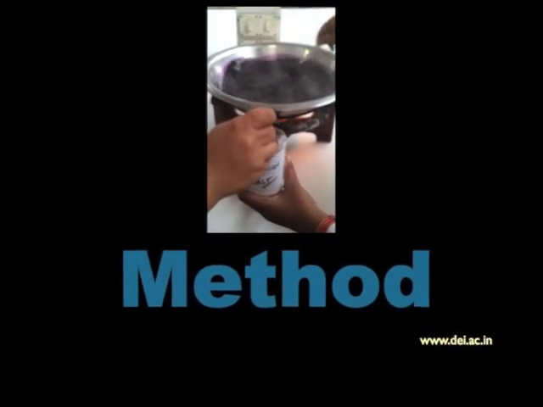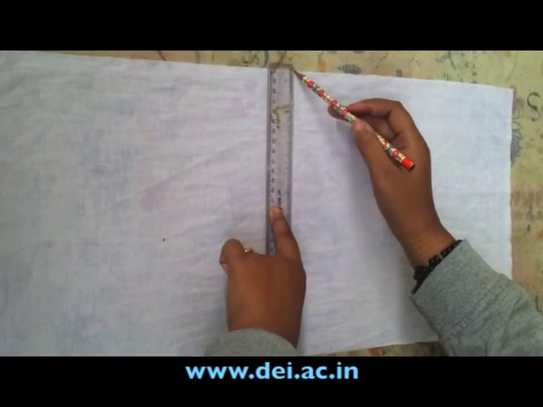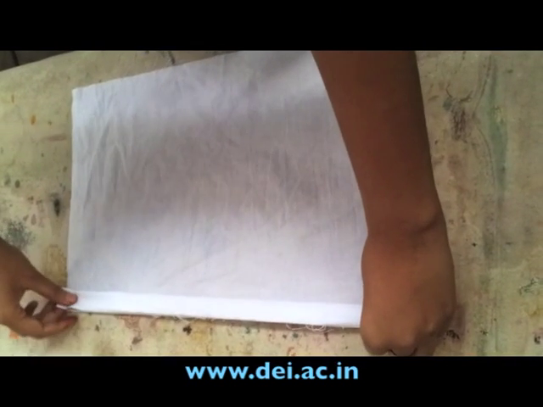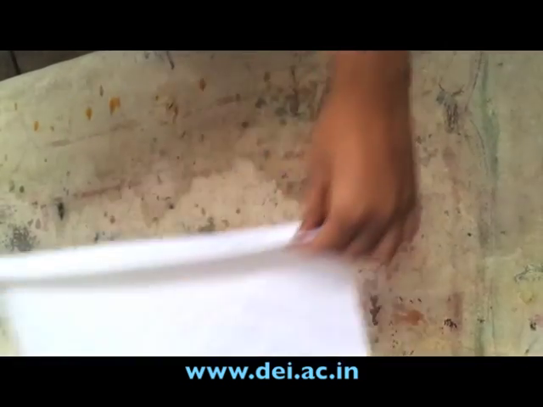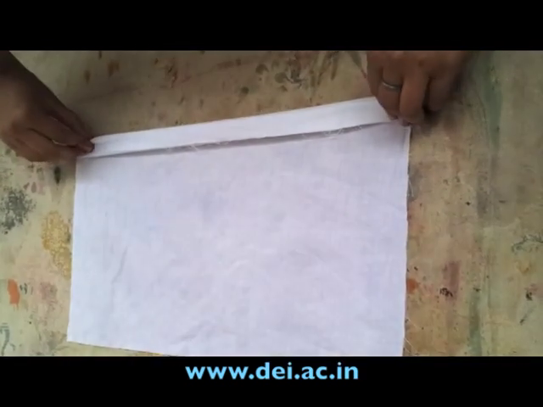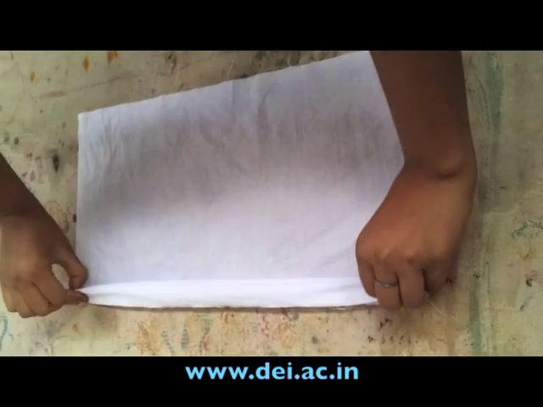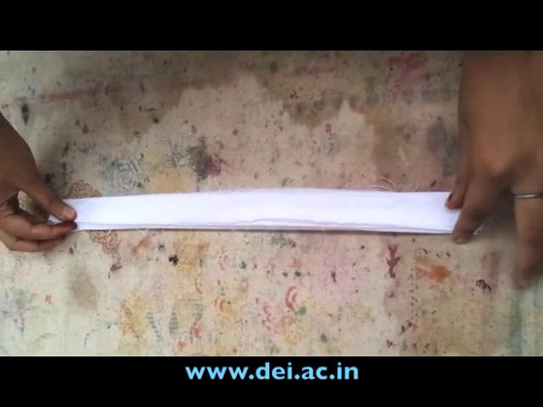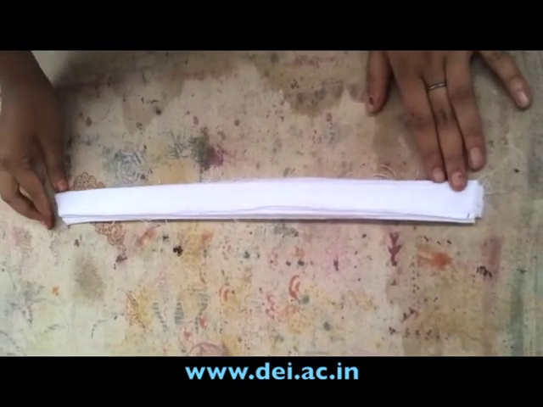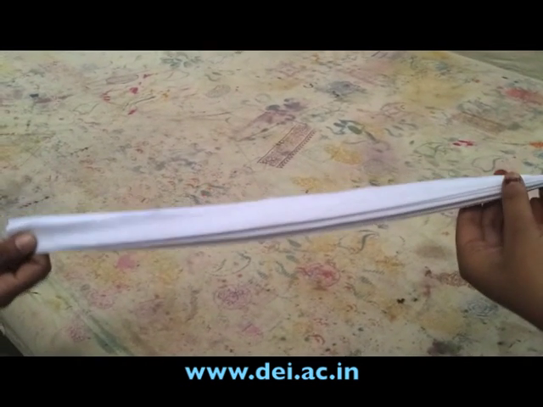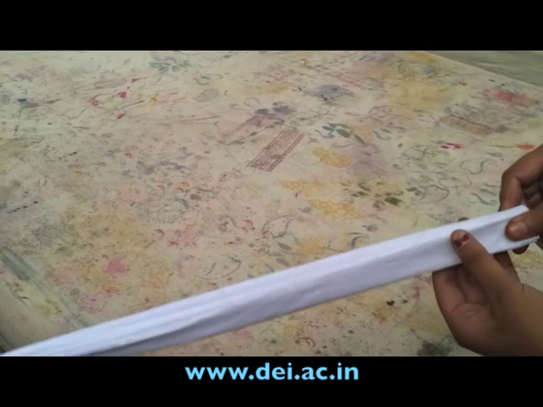Method. Keeping the right side outside, bring the two selvage edges of the cloth together to form a tube lengthwise. Gather up each end of the tube and tie separately with thread. For a smaller sample, this is not essential.